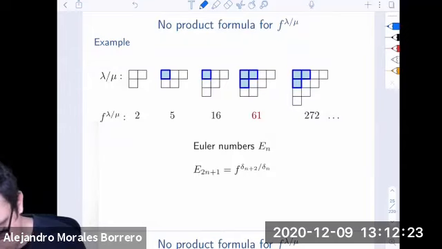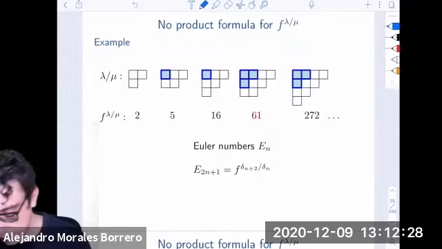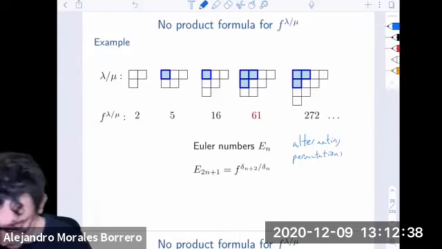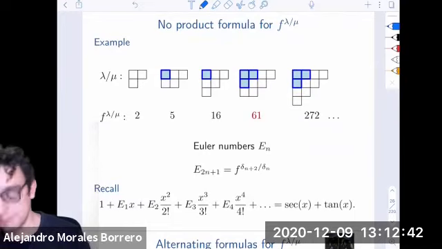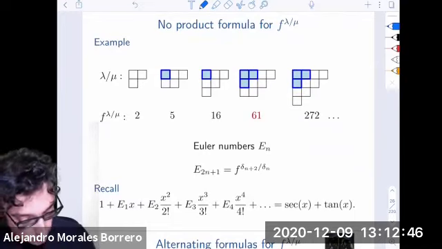This sequence 2, 5, 16, 61, 272 are called the Euler numbers, and they count alternating permutations, so permutations that go up and down. And these numbers still have beautiful combinatorics. Let me mention 2 properties.